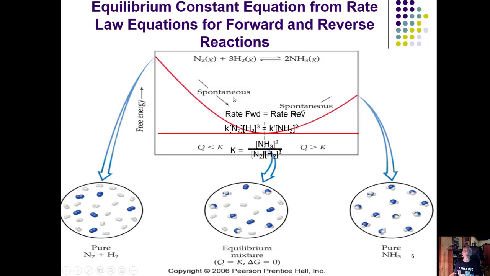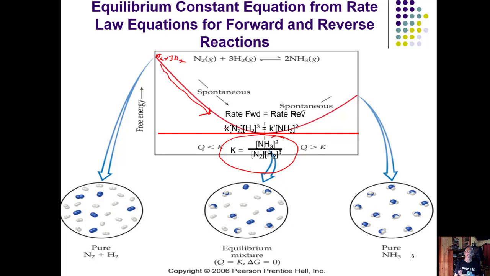Just to emphasize once more, we get the equilibrium constant expression, which is just products over reactants, from this. You've got nitrogen, N2, plus 3 H2s over here on the reactant side. The reaction spontaneously begins to make products, and at equilibrium, these concentrations stop changing.